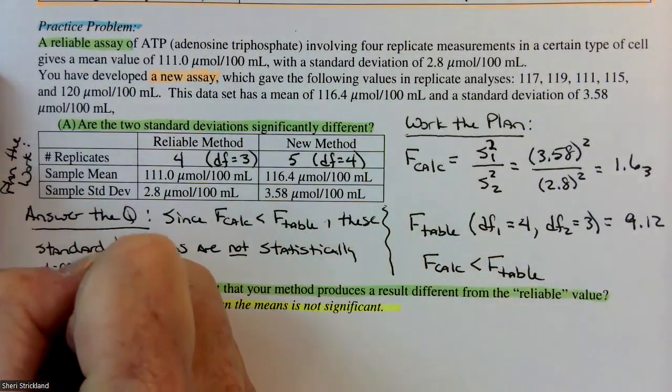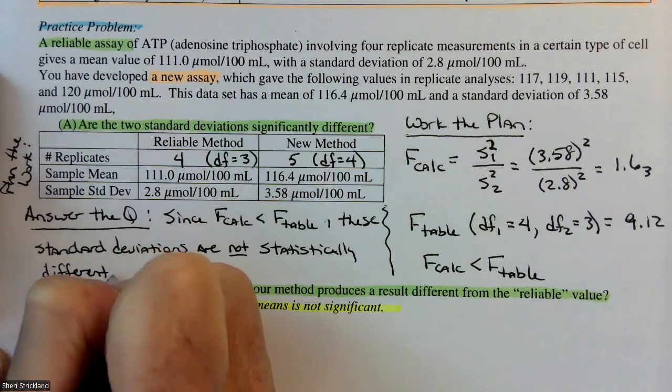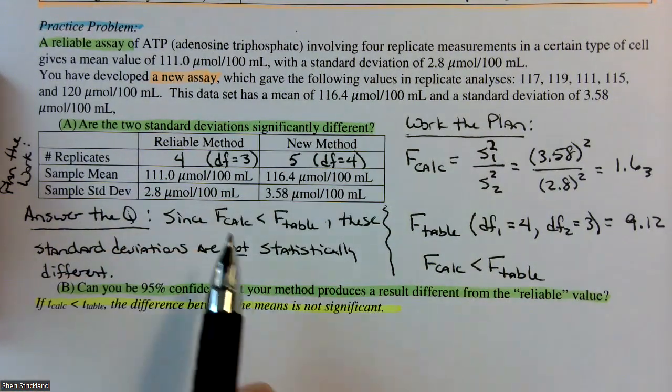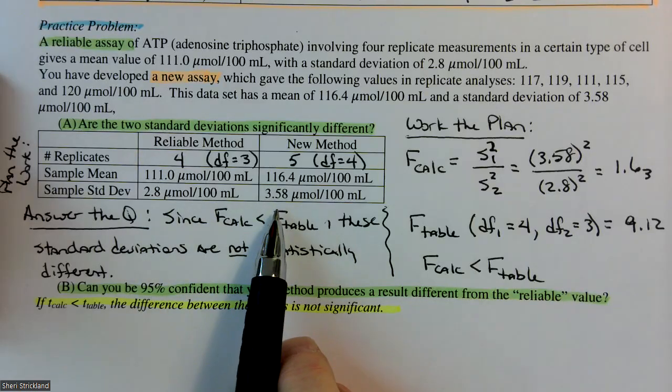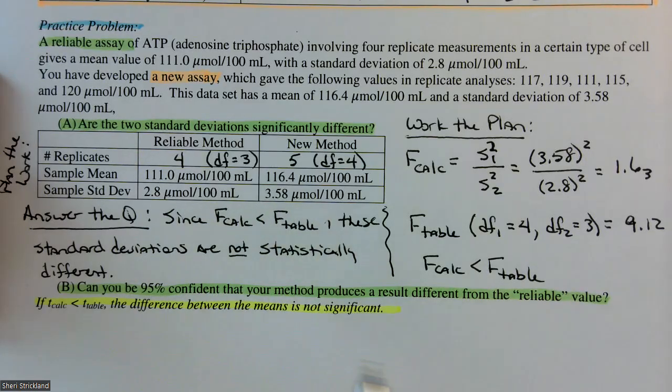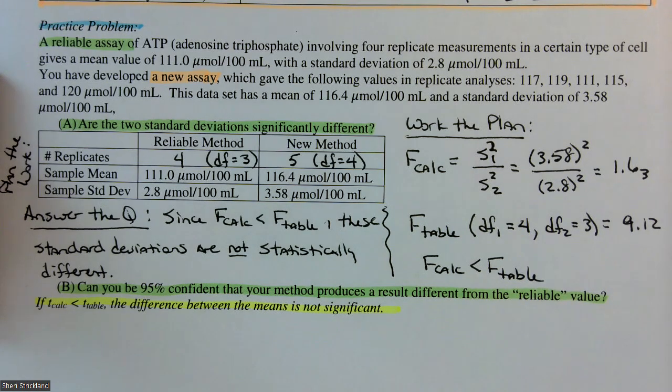So we can have 95% confidence that this difference that we see in the sample standard deviations is only due to random error. It's not due to some real difference between the two data sets.